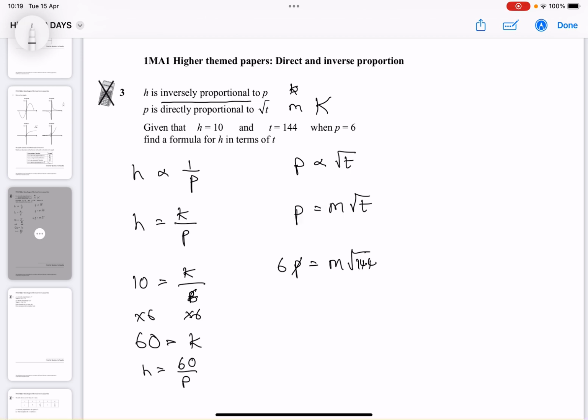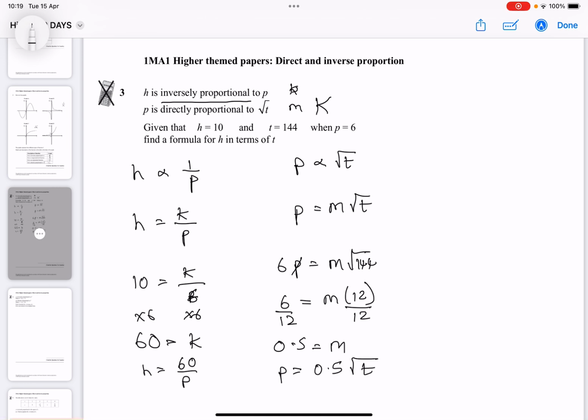Well, the square root of 144 is 12. If I divide by 12, m equals 0.5. So what I've got is p equals 0.5 times the square root of t.